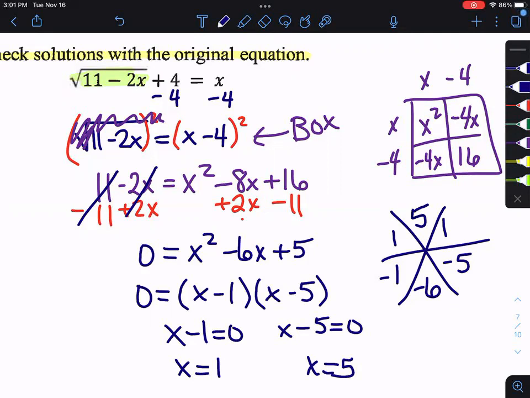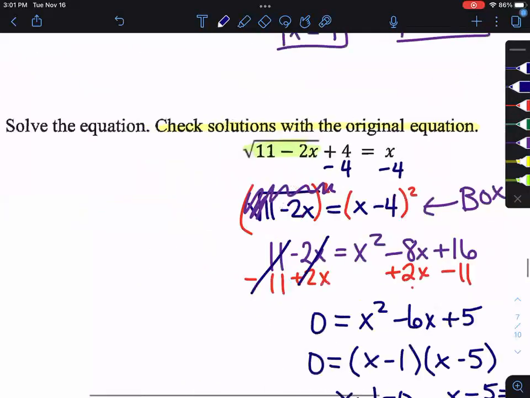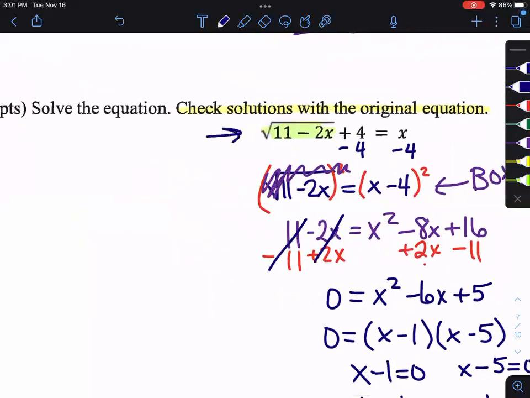Like I said a few minutes ago, they didn't tell you to check your solutions in the original equation for no reason. So you've got to take both of these and plug them back in to the original. So if I take 1 and I plug it back into this right here, I would have the square root of 11 minus 2 times 1 plus 4 equals x, which is 1.